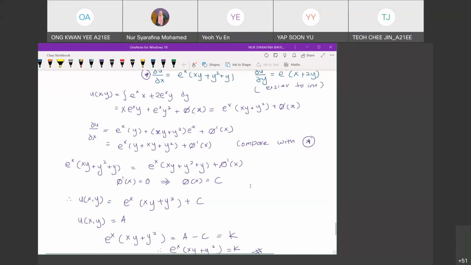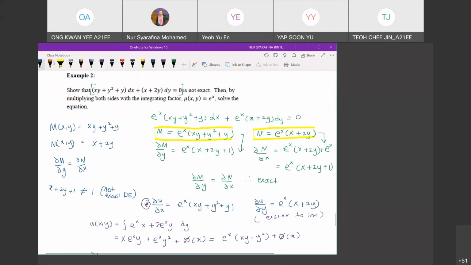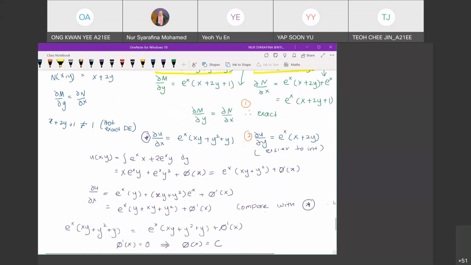What is our first step? First step is to prove the exactness. Second step, by using method 1, we integrate this, we get u, and then we differentiate, and then we compare.